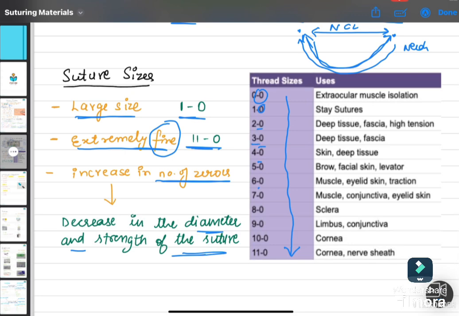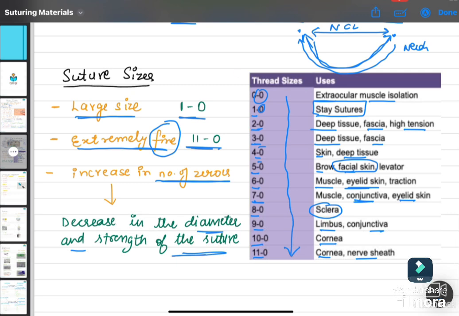Okay, so here we can see which suture is used for which purpose. Like for 0, 0, generally extraocular muscle isolation. 1-0 are stay sutures. 2-0 deep tissue fascia, high tension. 3-0 deep tissue fascia, likewise skin, deep tissue. 5-0 facial skin. 6-0 muscle, eyelid, skin. 7 conjunctiva, eyelid, skin. 8 sclera. 9 limbus, conjunctiva. 10 cornea. 11 cornea, nerve sheath.